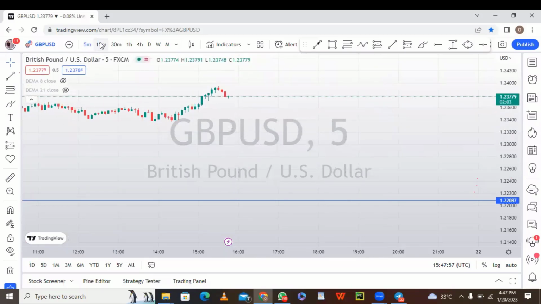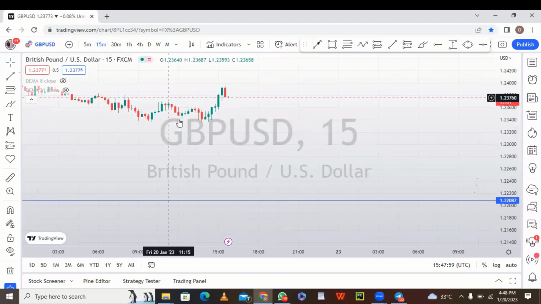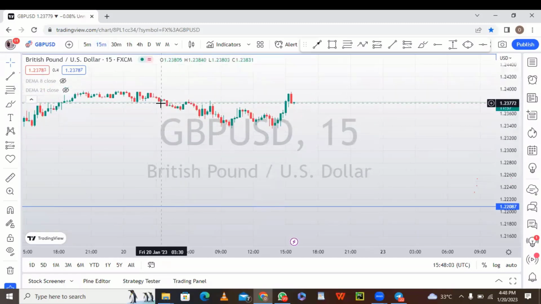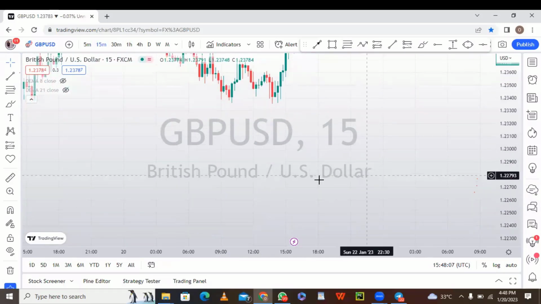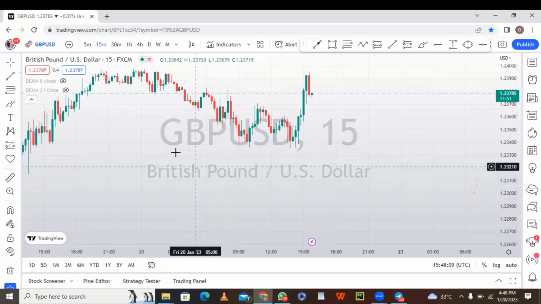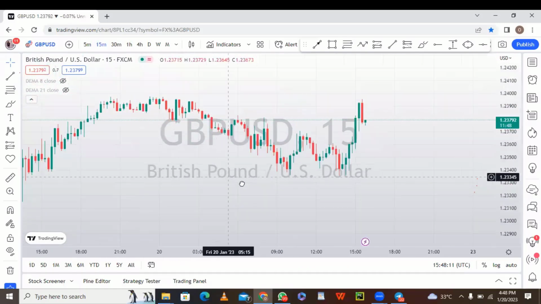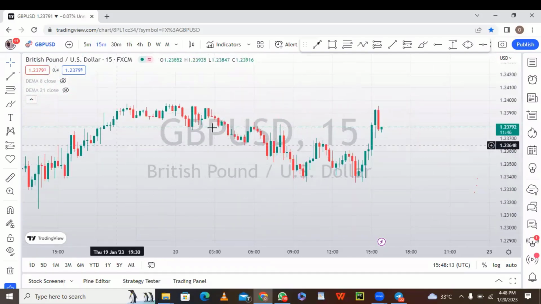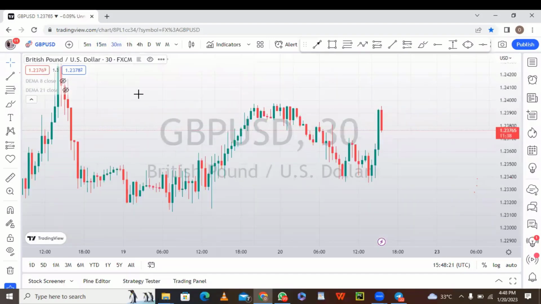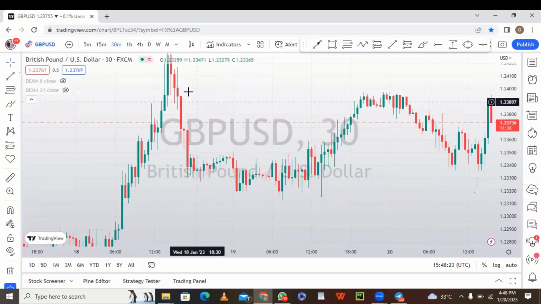If I go to the 15 minutes, it simply means that each of the candles you are seeing here, irrespective of the size, will take 15 minutes to be formed on this particular time frame. In a similar way, if I go up to the 30 minutes, it means that it took 30 minutes for each of these candles to be formed.